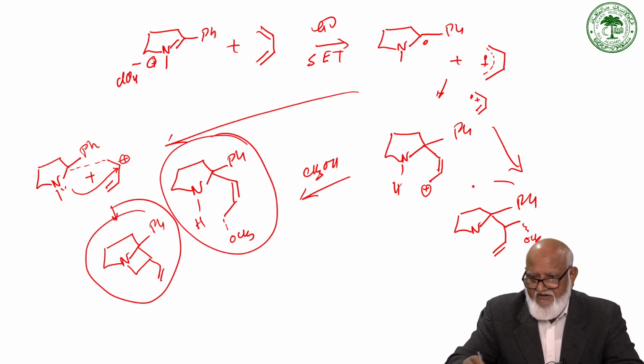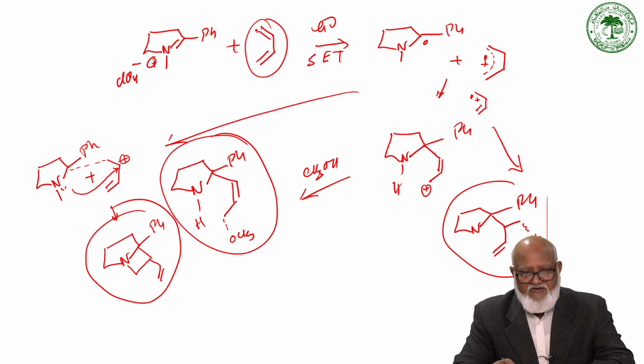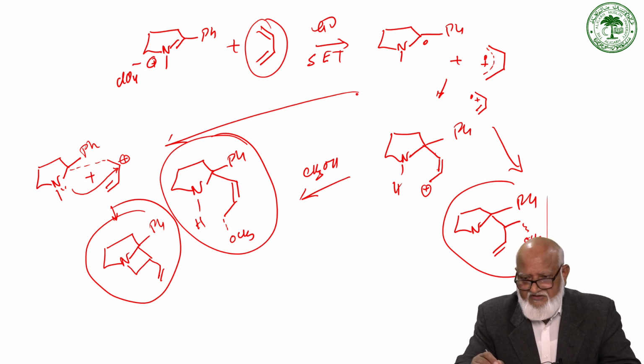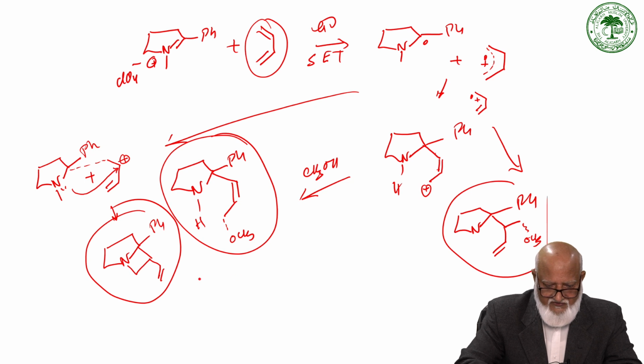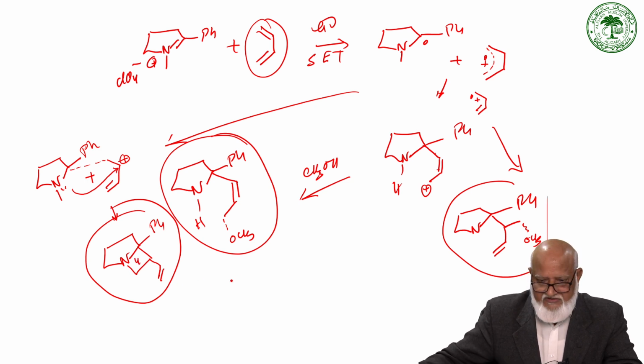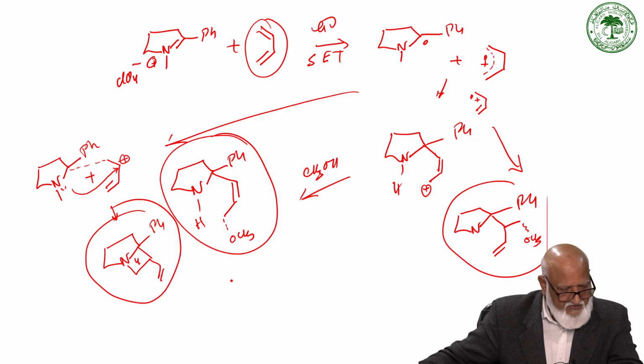You can see here the butadiene, which is the donor. On electron transfer reaction, the radical generated and the radical cation may add in a different fashion to give a very interesting 4-membered ring, which is synthetically important. Not only this, the reaction with other derivatives has also been reported.